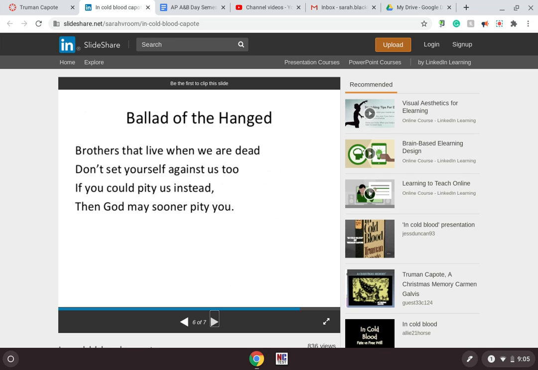Ultimately, I don't think that he wants us to leave off reading this book and be like, good for them, they got what they deserved. He wants us to find some sympathy in our hearts somehow. So, we shall see as you read this book if you are persuaded.